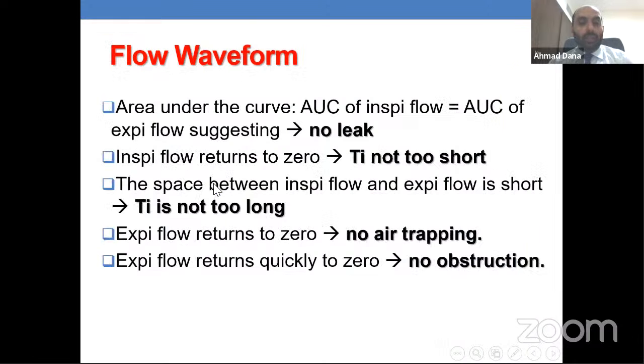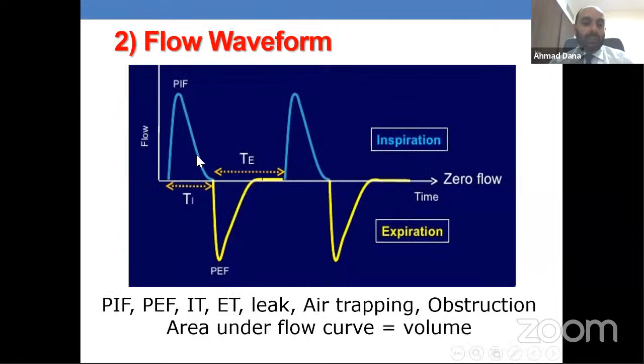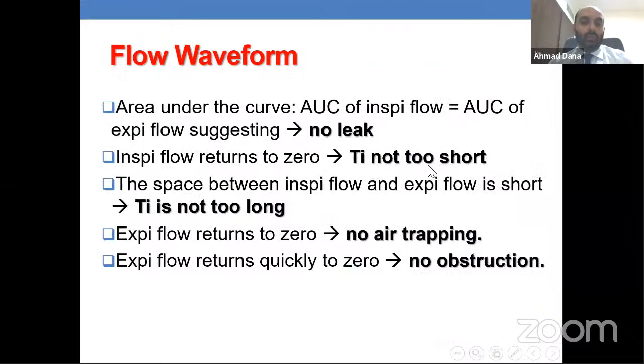Now there are situations where the I time is not completed, meaning that it is not reaching the 0 level. Either it is too short, meaning you are not giving the needed I time because the baby has good compliance, especially after improvement of the lung condition, or there is high resistance.